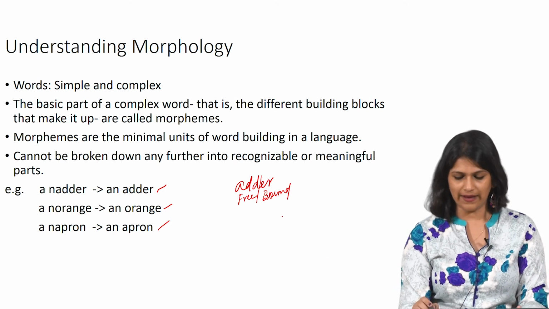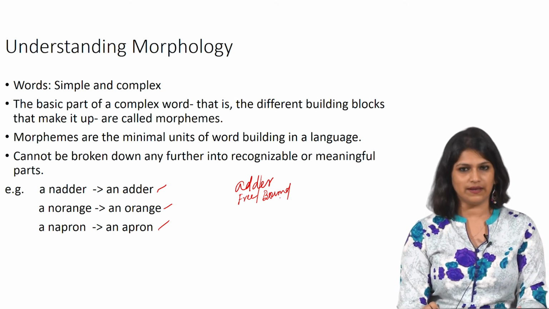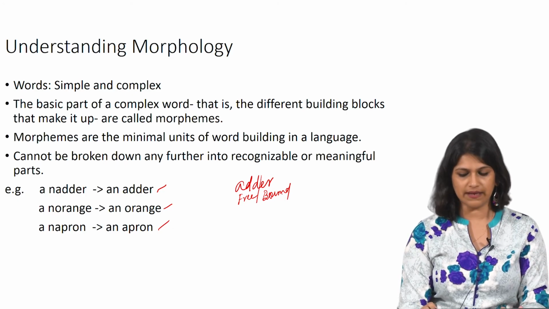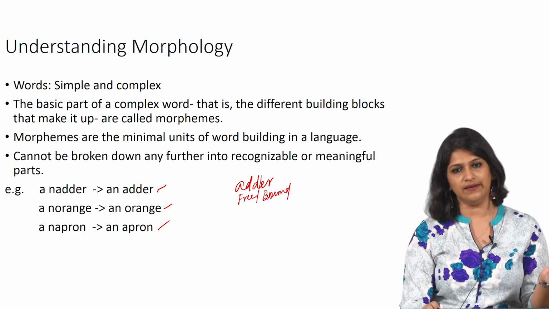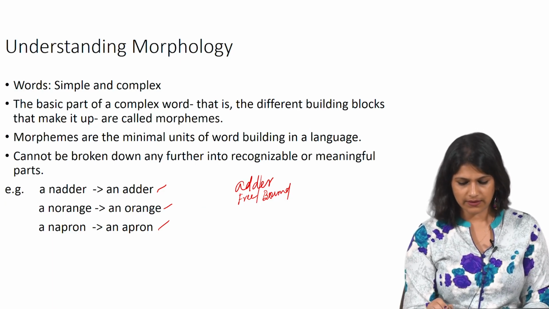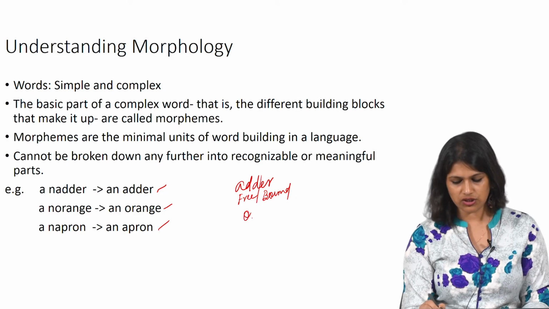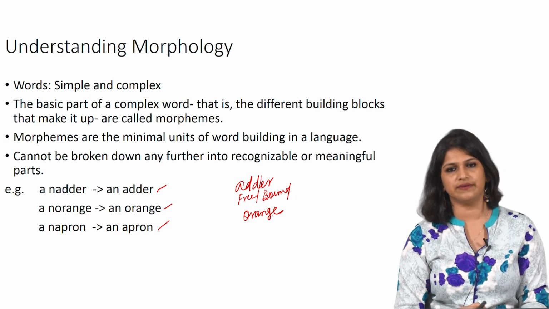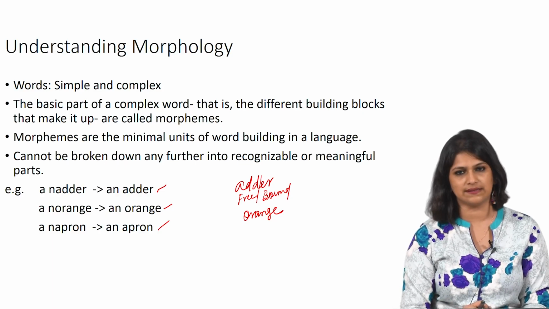Okay. So, why would -er be a bound morpheme? It is minimal, it is meaningful, it is distinctive, but the meaning of -er is dependent on the root word. It cannot just stand alone. But do you think orange can also be analyzed following the same pattern as adder?